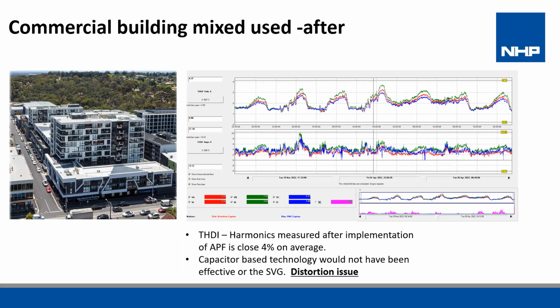Note that an SVG would not have been effective at all in this situation, as the issue was with harmonic distortion or harmonic currents, and compensating for displacement power factor would not have helped at all.